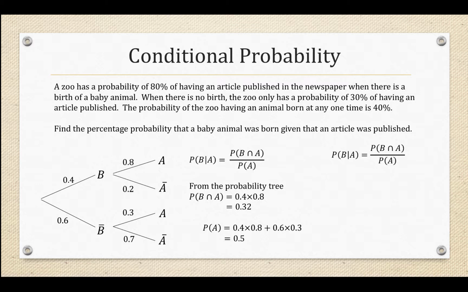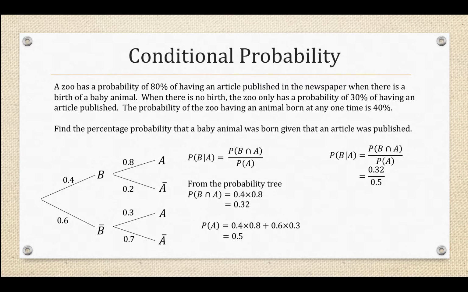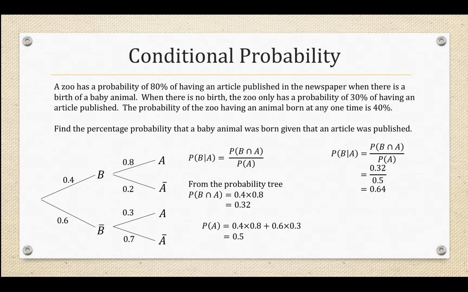To find the probability of B given A, we're now going to substitute those values in, which will give us 0.32 divided by 0.5, which is 0.64.